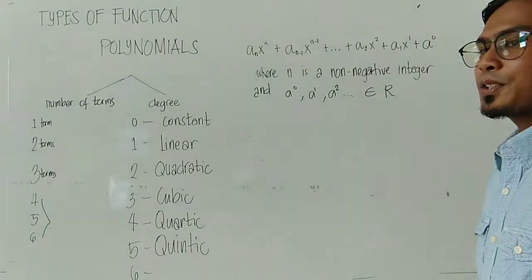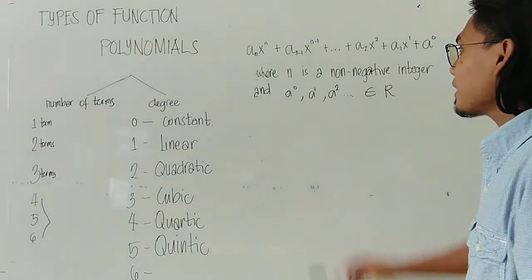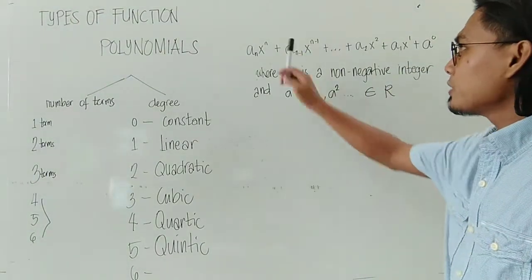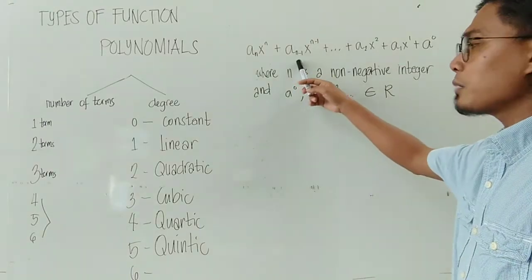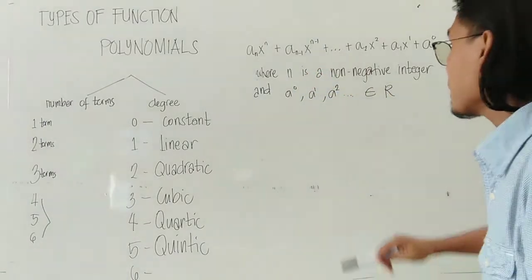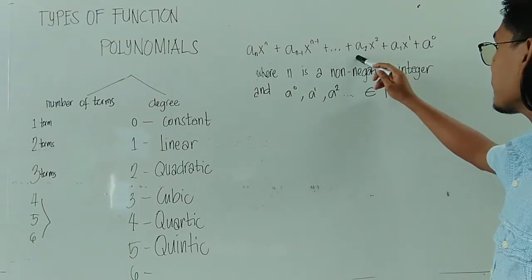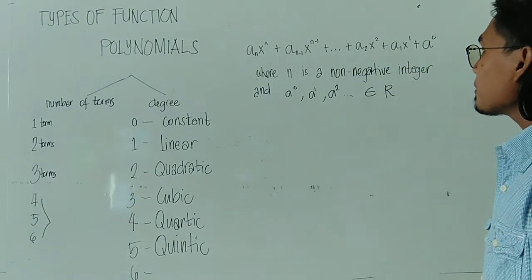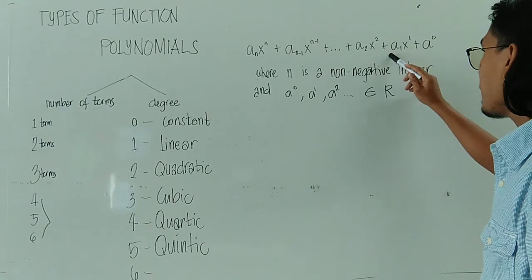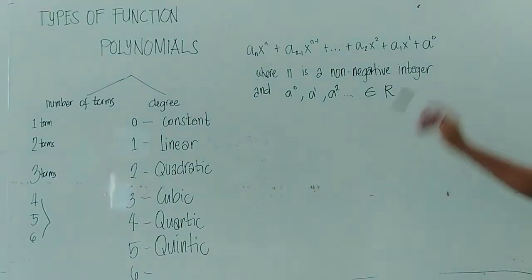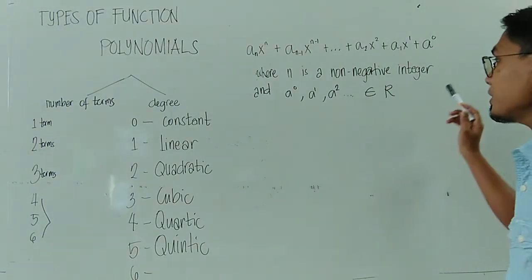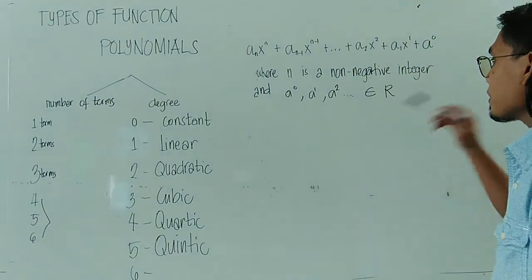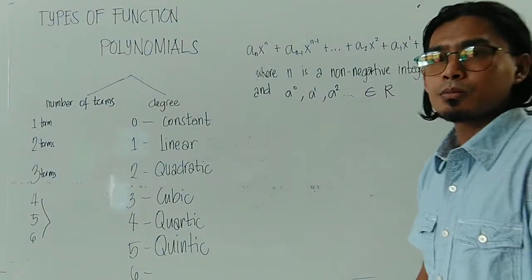So guys, if you see it, it looks difficult in its general form. We have a sub n x raised to n plus a sub n minus 1 x raised to n minus 1, and so on and so forth, until a sub 2 x raised to 2 plus a sub 1 x raised to 1 plus a sub 0, where n is a non-negative integer and all the a's are elements of the real numbers.